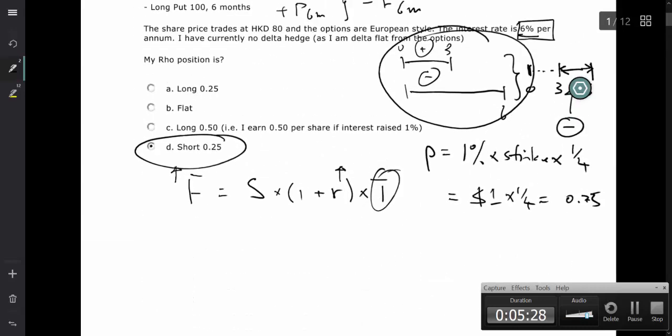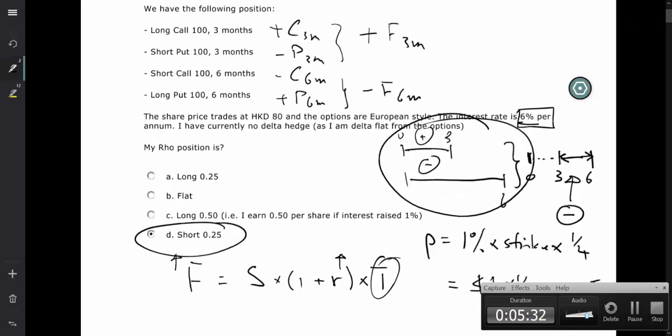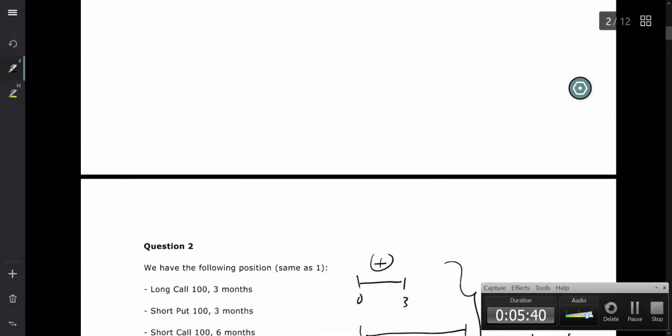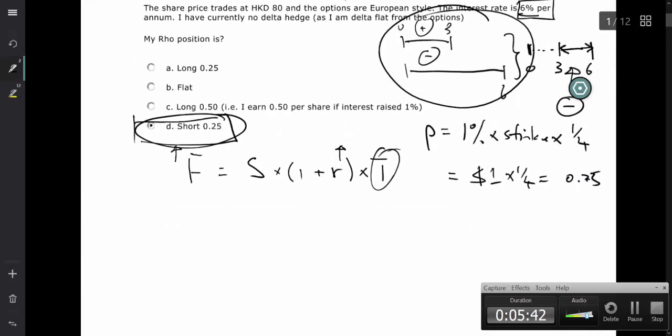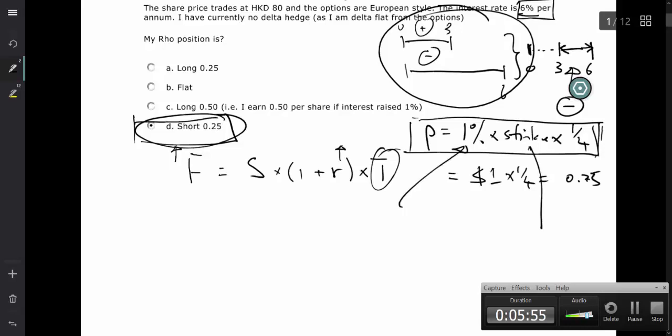Now in the previous question, the answer is you are short 0.25. You can see from the formula that I quoted you that rho is equal to 1%, which is constant, and the strike, which is also constant.